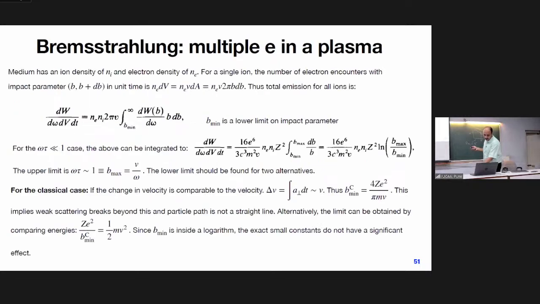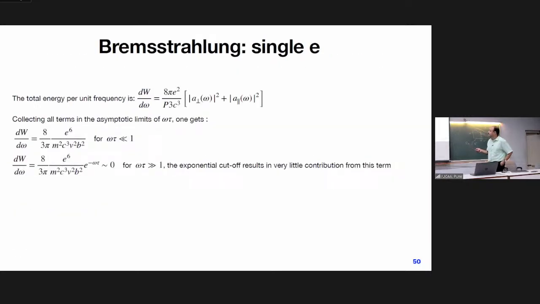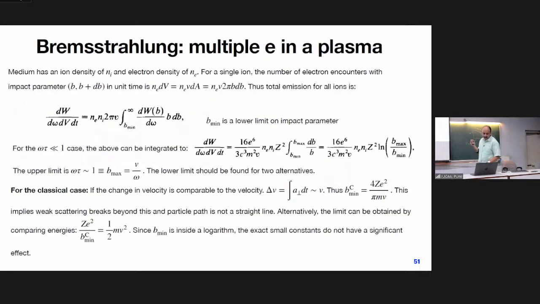I would want you not to look at the mathematical details, but at how it depends on things. These are all constants initially, but it depends on the impact parameter and the velocity squared. Now this is just for a single ion and a single electron.